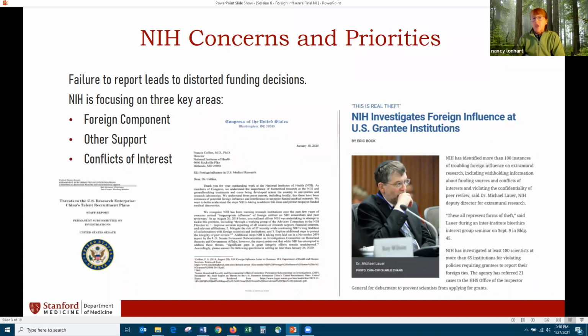And so, as Emily is showing here, both NIH and actually bipartisan support from Congress and the Senate led to the NIH partnering with the FBI to investigate foreign influence at US institutions. As you can imagine, this put all of us on alert.